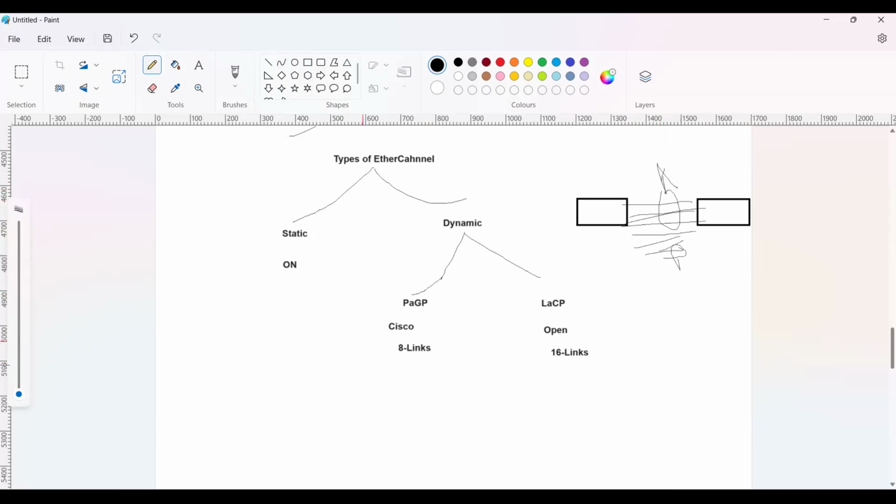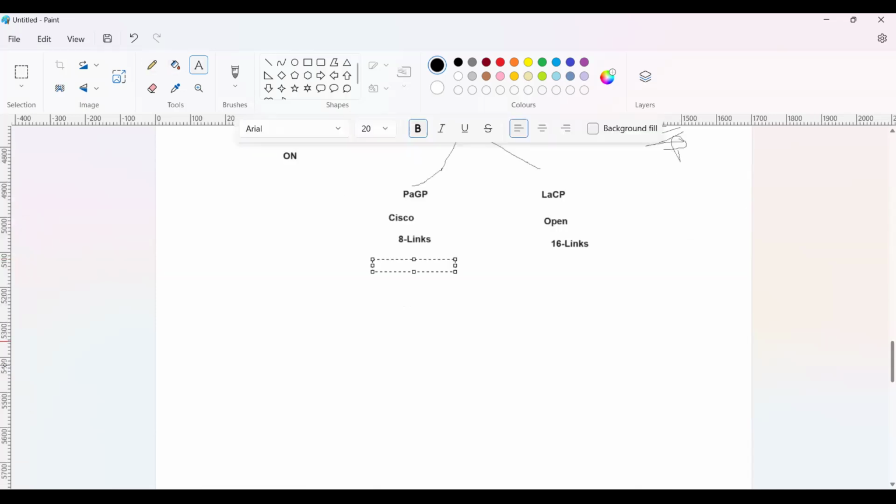And here we have types of mode. In PAgP we have 2 modes, and in LACP also 2 modes. In PAgP, the first one is desirable and the second one is auto.